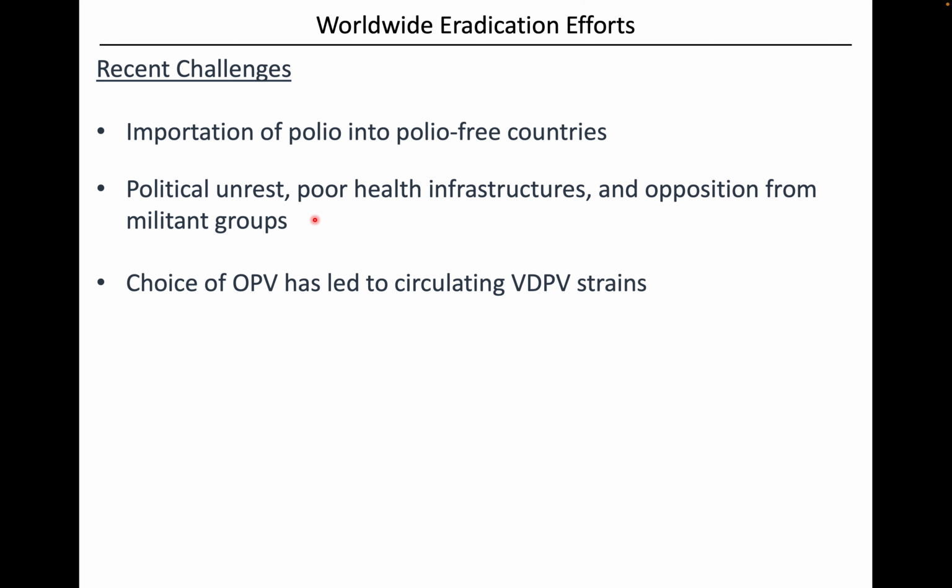And of course, the fact that you have some of the vaccine-derived polio that's actually circulating now and being passed person to person has slowed efforts as well. But I think it's still possible. I think we can get there. It's just a matter of do we have the will to get it done, and if so, I think it can be done. So that would be a huge achievement for humanity.